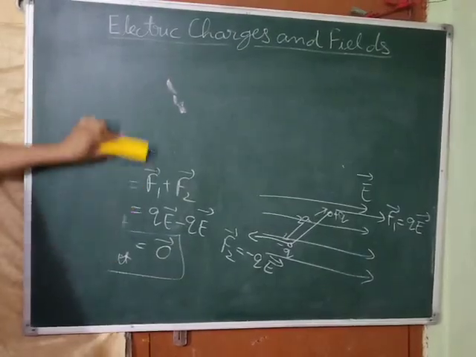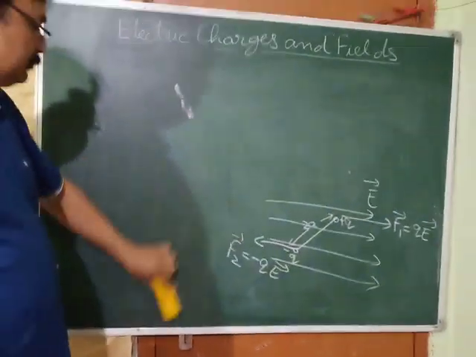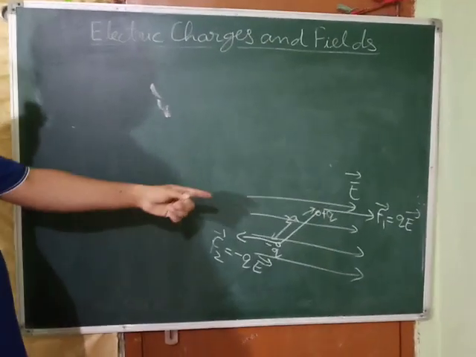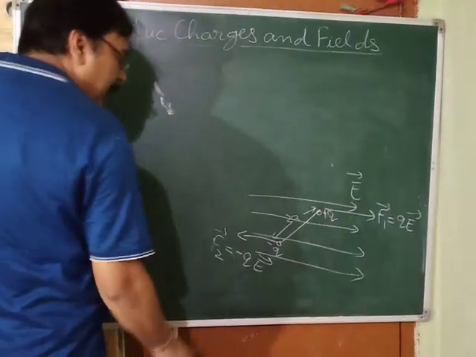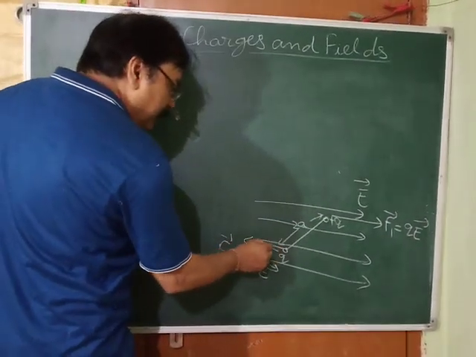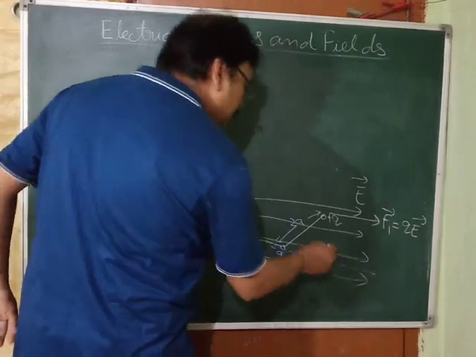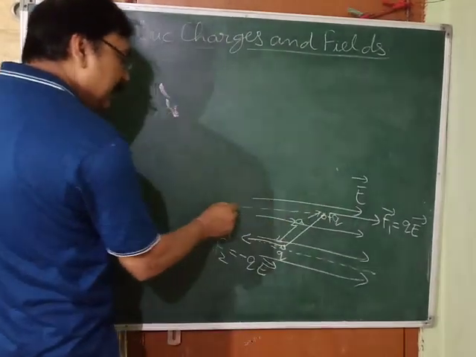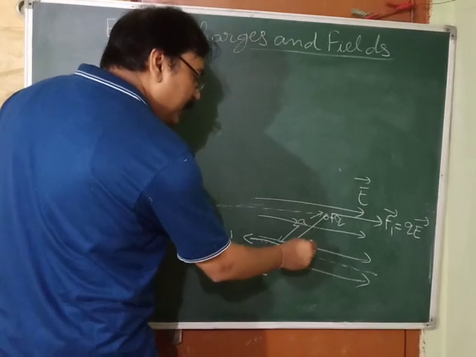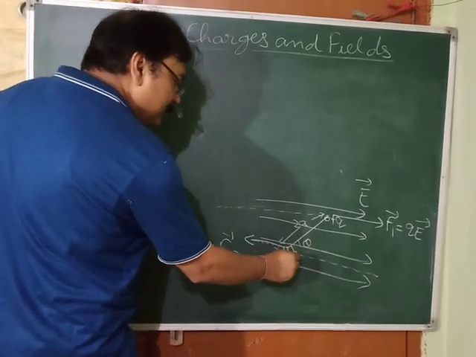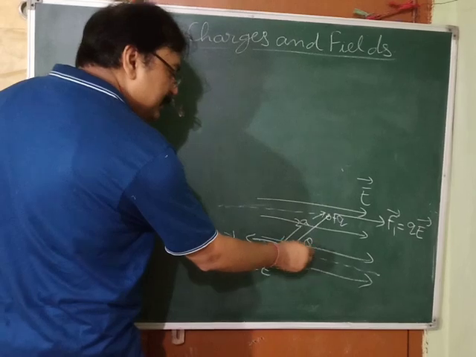So we have to find out that torque. Now, we can see these two forces are equal. What is the line of action of this force? This is the line of action of this force, and this is the line of action of the other. Suppose this angle it is making with the electric field is theta. Then this angle is also theta, because this line is parallel to this line.